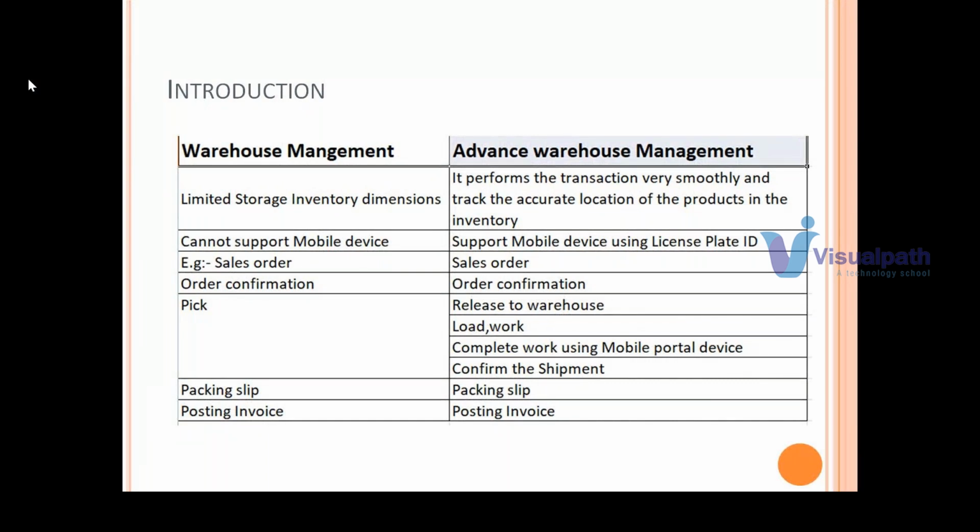Here we directly use the limited storage dimensions to receive the stock, or to pick the stock using the picking registrations. For example, if you take a sales order, we can directly perform the sales order confirmation, and we have a picking registration process, and directly we do the postings of packing slip and posting the invoice.